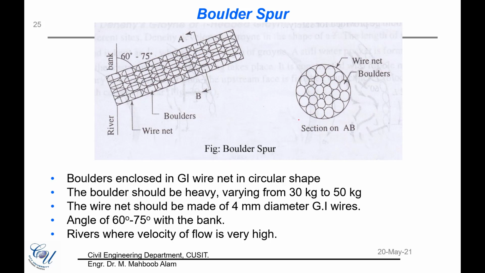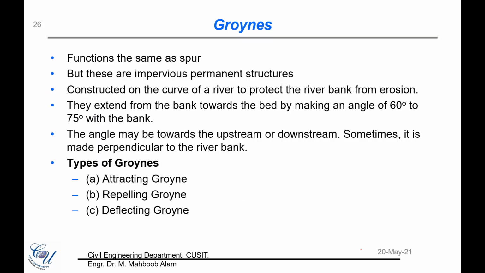The boulders inside this section are usually 30 kgs to 50 kgs in mass, and the diameter of the GI wires is usually 4 mm. This is the diameter which ensures that these heavy blocks remain in their place and the incoming water does not dislodge the structures.